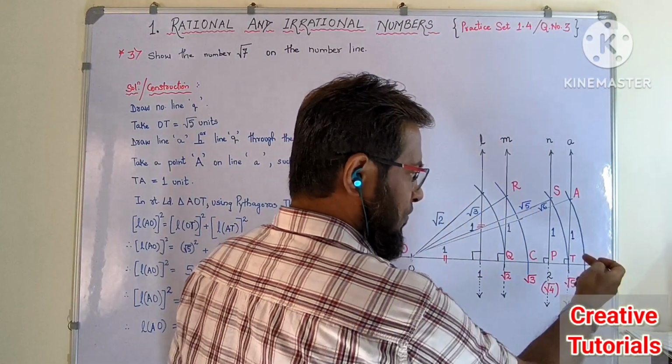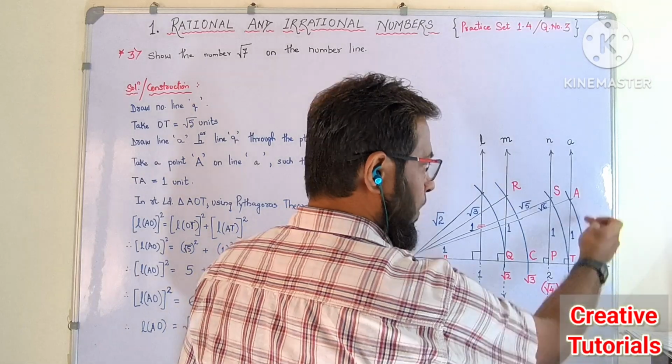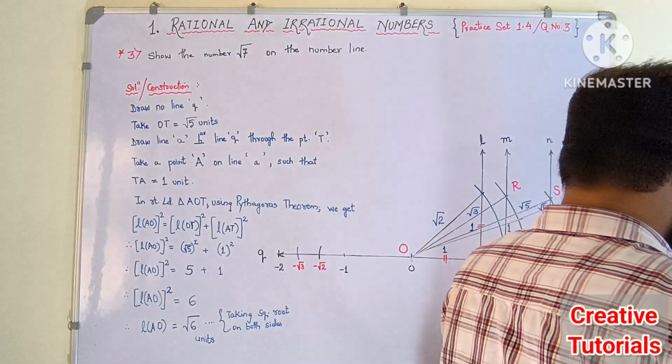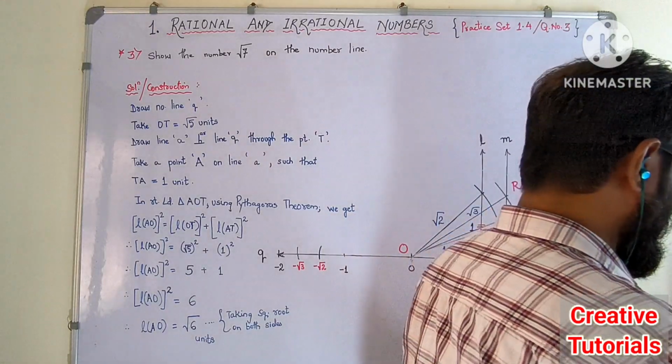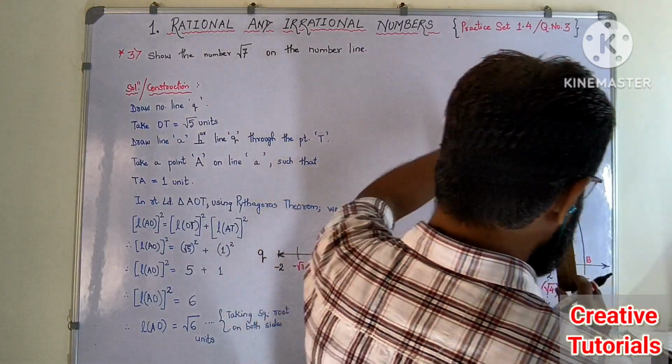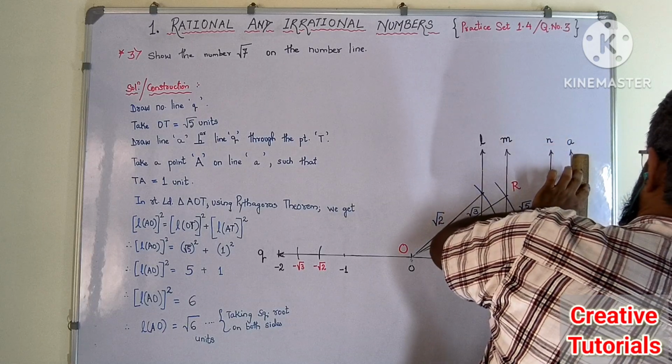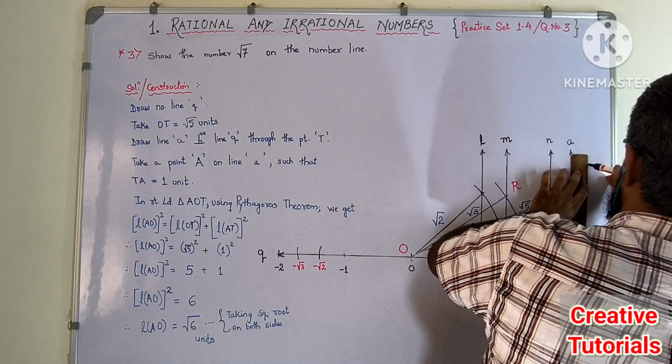Okay, let us do it now. We know very well that first of all we draw one perpendicular at point B, correct? So let me draw one perpendicular at point B. Suppose I draw it like this.